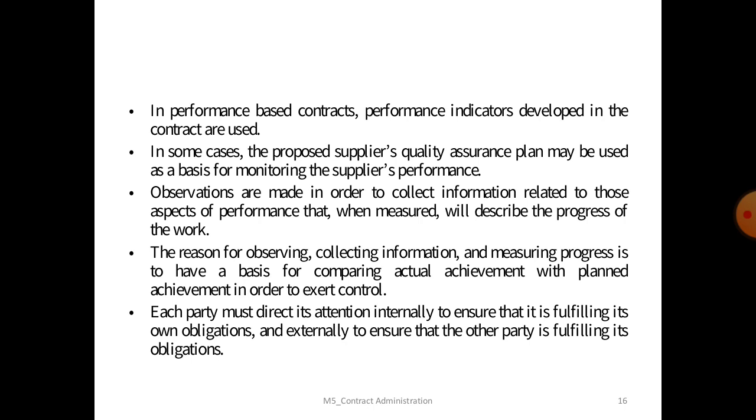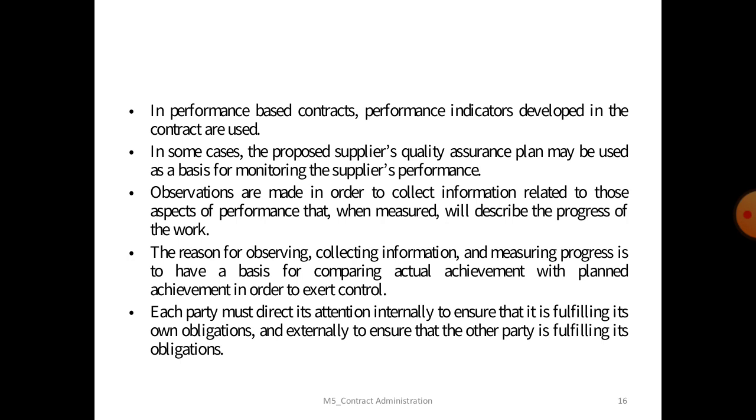So in a performance-based contract, performance indicators developed in the contract are used, and in some cases the proposed supplier's quality assurance plan may be used as the basis of monitoring the supplier's performance, and observations are made in order to collect information related to those aspects of performance that, when measured, will describe the progress of the work.